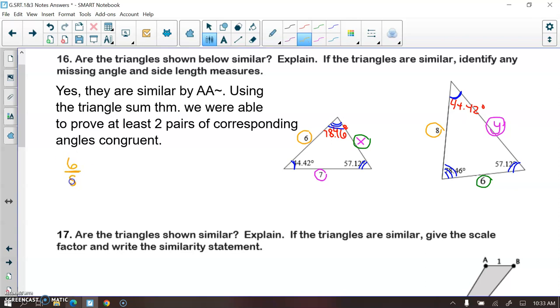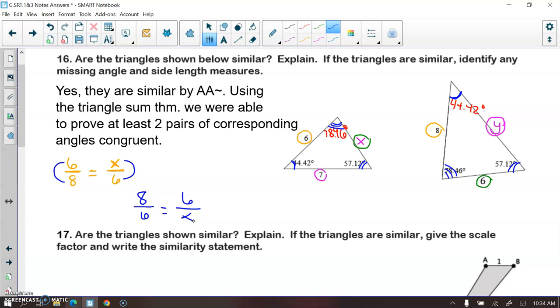And let's find x first. I'm going to set up a proportion to help me find x. The 6 comes from the small triangle and the x comes from the small triangle, so those need to be in the same position in your similarity proportion here. And so that x corresponded with my 6 on my large triangle. This is one way that you can write your ratio. You could have also flipped this around and had an 8 over a 6 is equal to a 6 over an x.